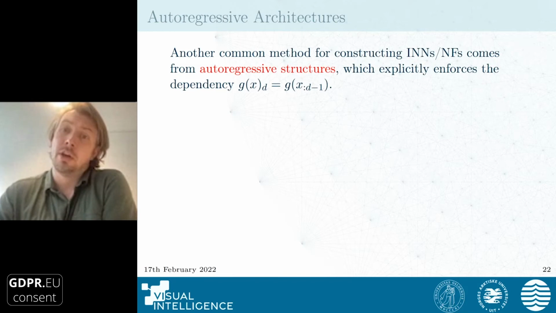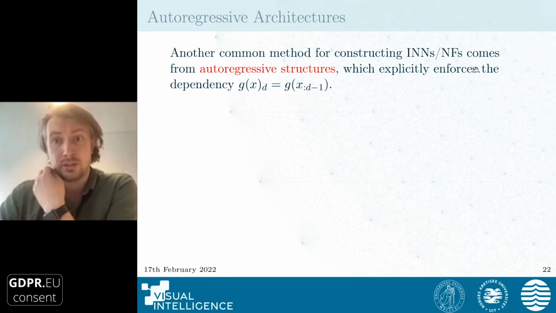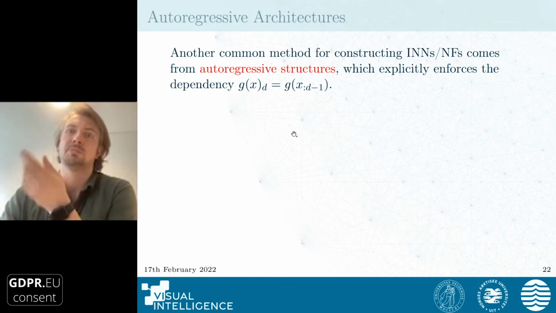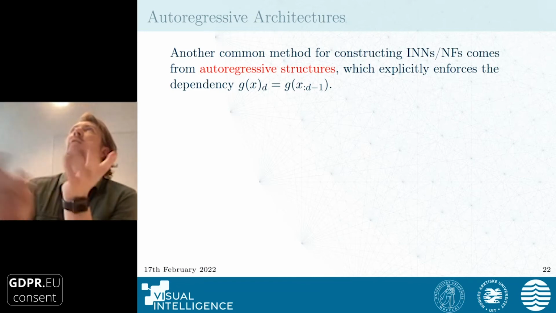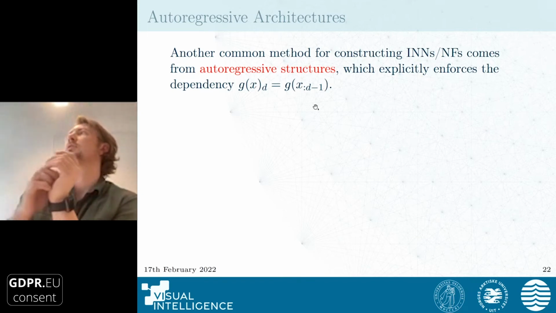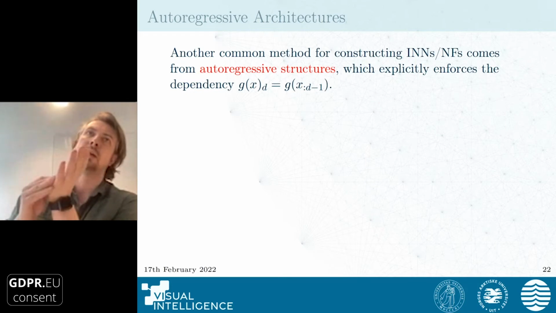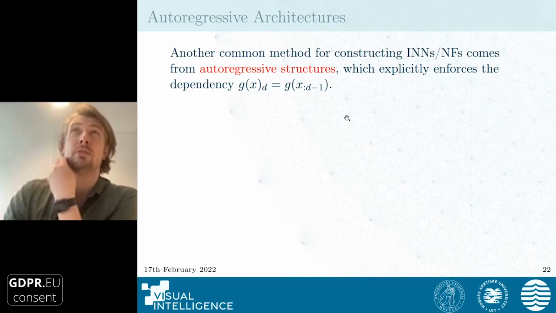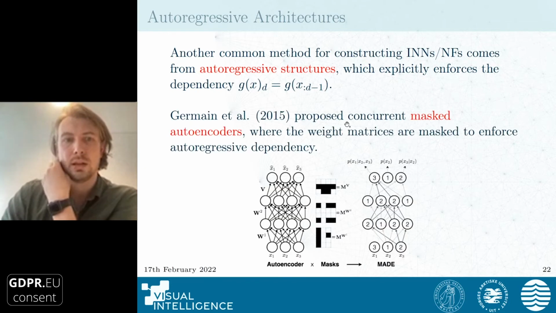Another common method for constructing invertible neural networks or normalizing flows in general is autoregressive structures, where we explicitly enforce a dependency, where we have some sort of ordering on the inputs and let each output only be affected by a certain set of inputs. And you leave the first input untouched generally.